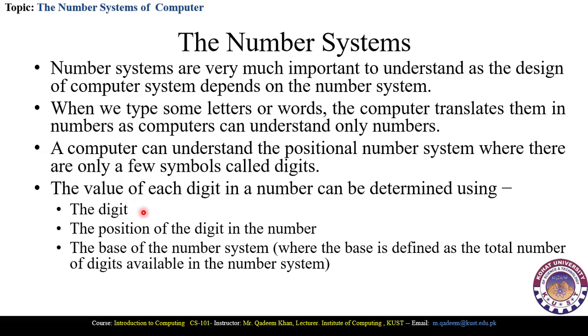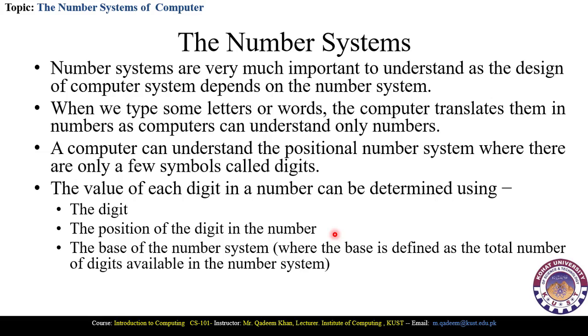The digits are certain values which are used to store or to represent the data. And the position of the digit in a number system is also very important. For example, if a value is assigned, then we will understand the value of that particular number system by the signed values. And the signed values indicate whether this number is positive or negative.